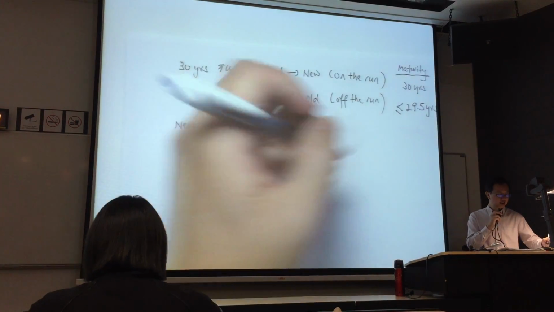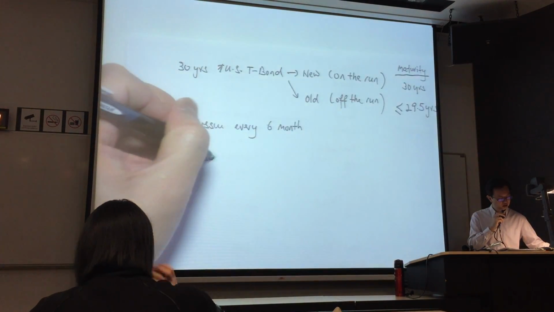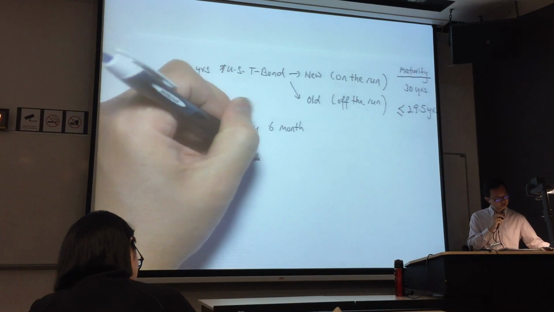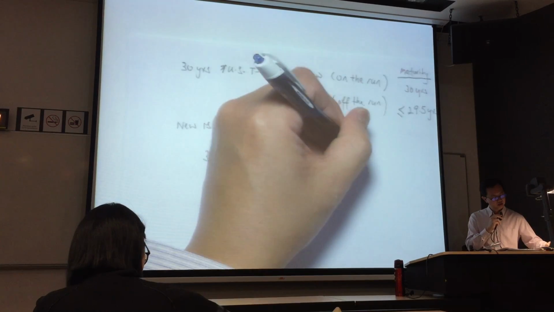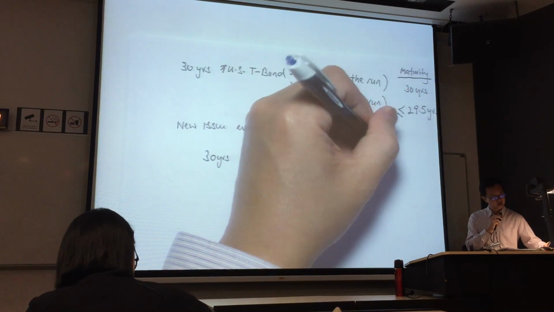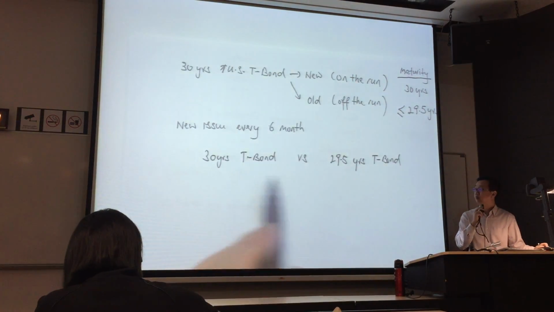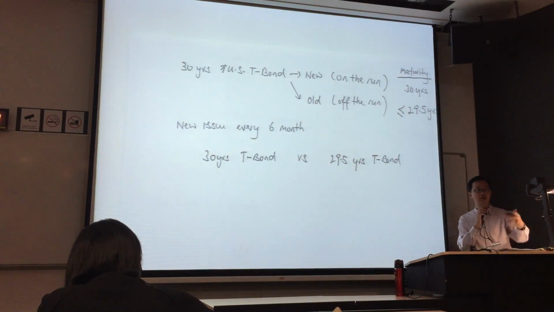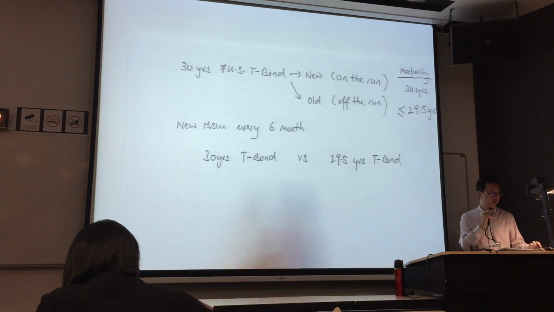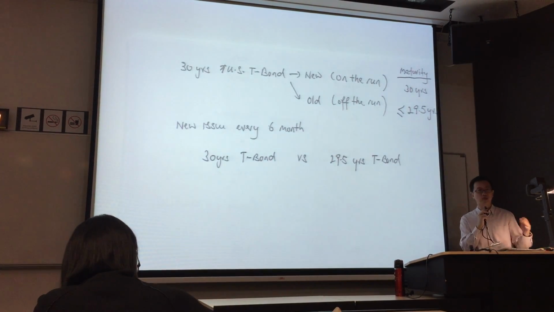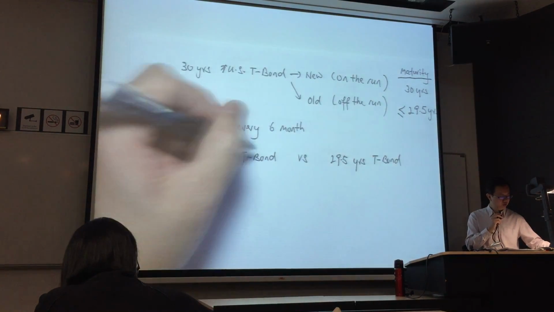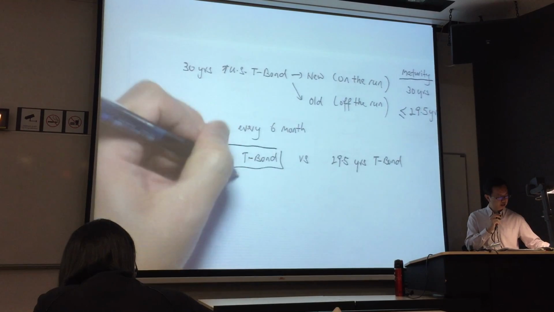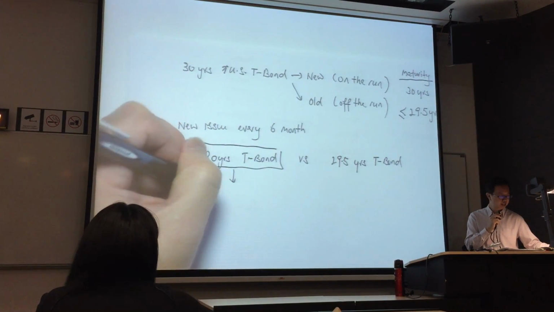By right, a 30 years T-bond versus a 29.5 years remaining T-bond, given that the maturity is so far away, there should not be any significant price difference between them. 29.5 or 30 years is more or less the same, right? But this new issue is subject to the bidding process.